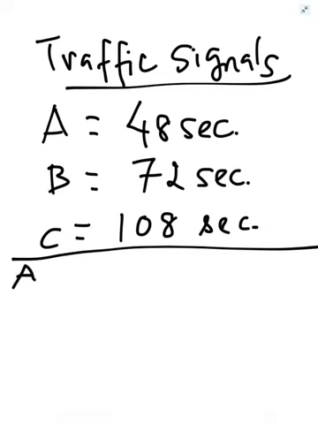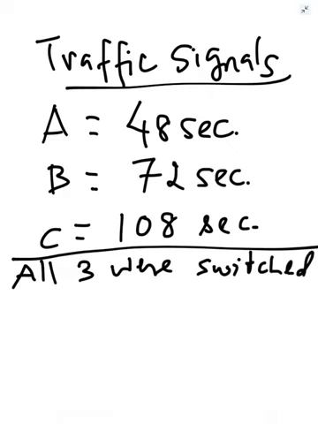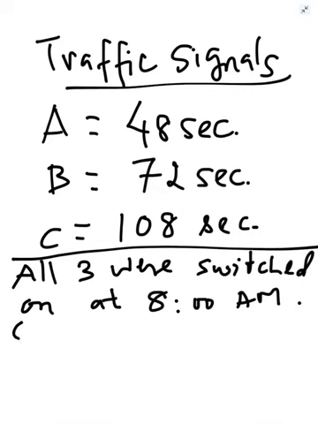Now what happens? All the three signals were switched on at 8 a.m. in the morning. Exactly at 8 a.m. all the three signals, A, B, C, were switched on. Switched on means they were showing red exactly at 8 a.m. Now what we have to find in this?